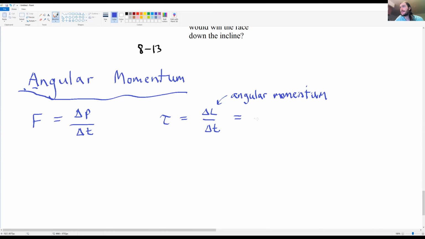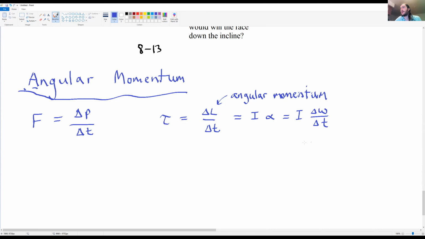So let's take this equation and rewrite it as I times alpha. Remember, the net torque on a system is the moment of inertia of the system times alpha. And then we can replace alpha with its definition, which is delta omega divided by delta t.